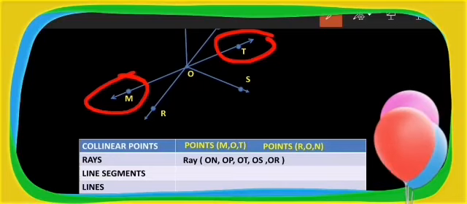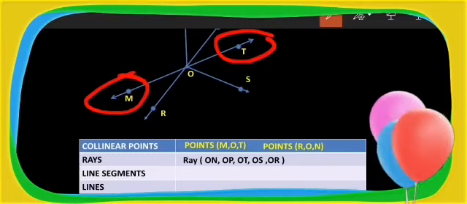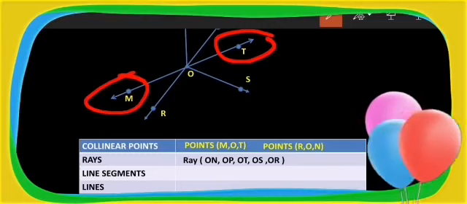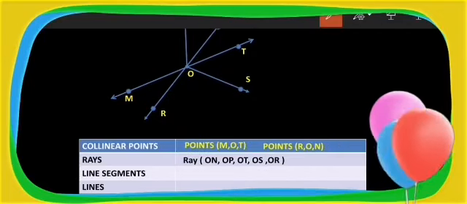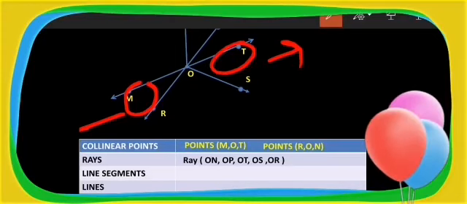But if I say the same thing as segment MT, then also it is true, but you are not supposed to consider the part which is after the point, correct? That means if I say segment MT, then you will not consider the part which is after M and after T. So both the names can be given to the same figure, correct?